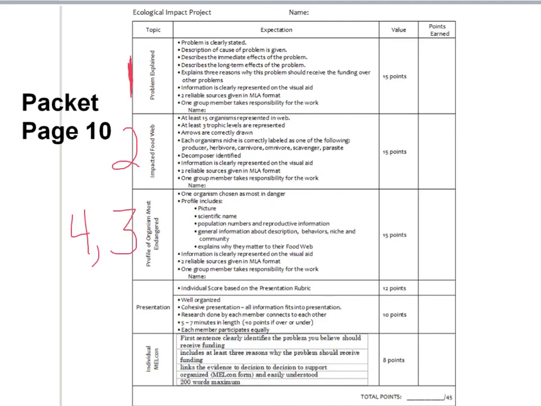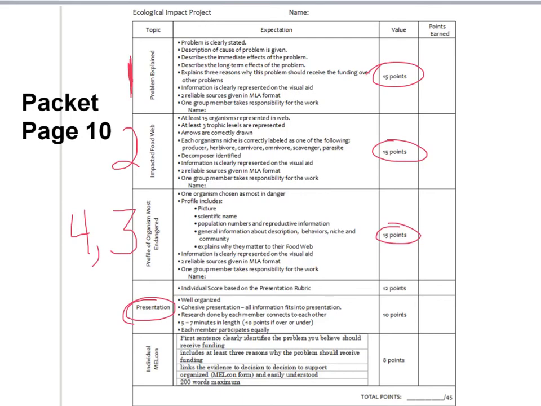Now, you can see that each of these is split equally with 15 points, and you're going to earn points based on what you do for your part of the project. So you're going to tell me which section you're in charge of. Then, next week, you'll do your research, and then you'll put together a group presentation.